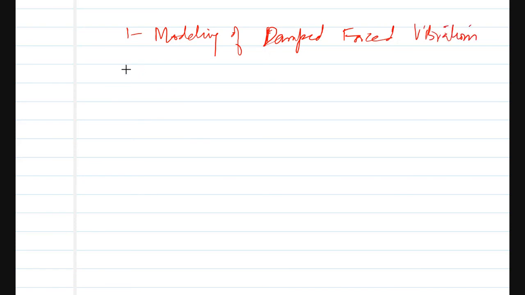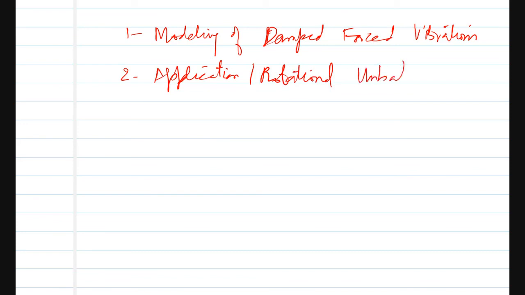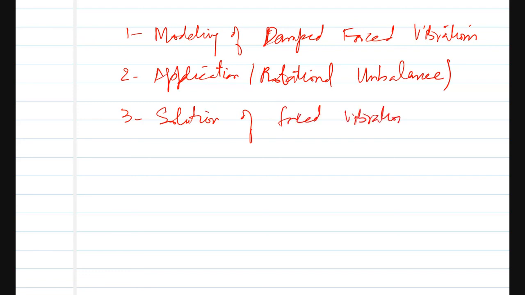We have talked about one application, which is rotation unbalance, that causes the forced vibration, and lastly we have seen the solution of forced vibrations. So these are the main contents of our topic today.